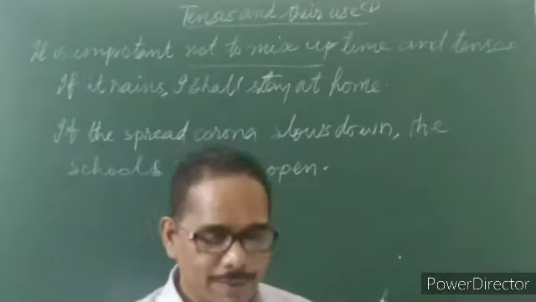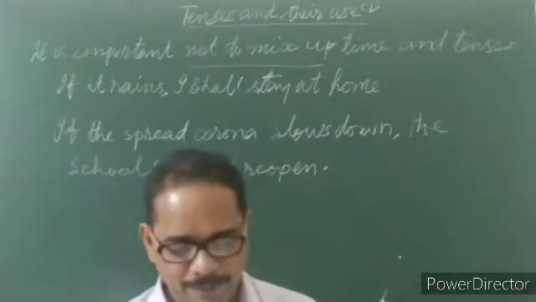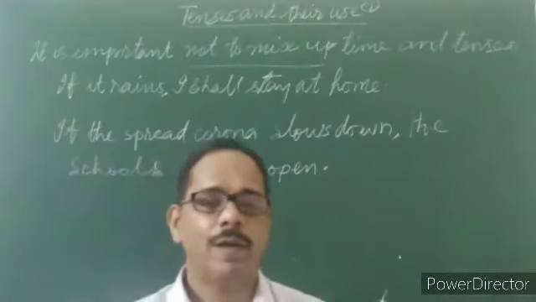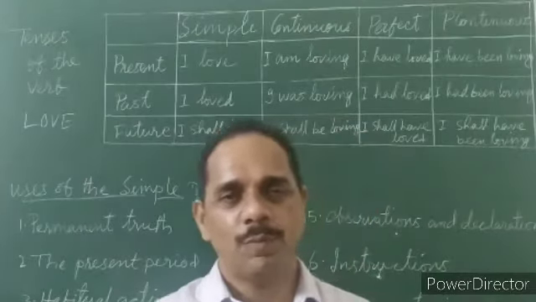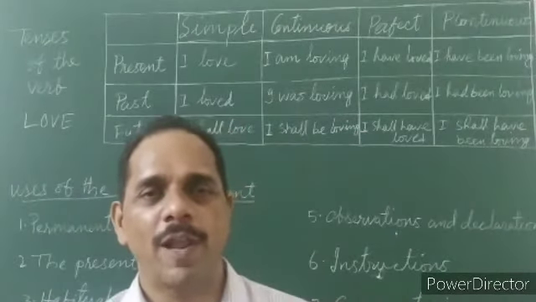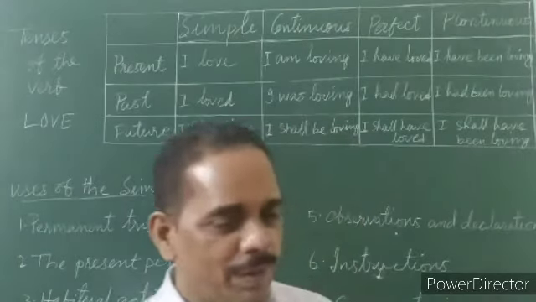Now they have given you a table where they have given tenses of the verb to love. To love, that is the base form, the simple form. So dear students, to explain to you the use of tenses, they have a table.